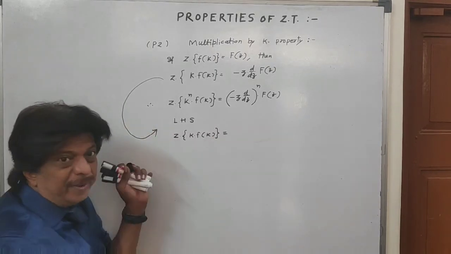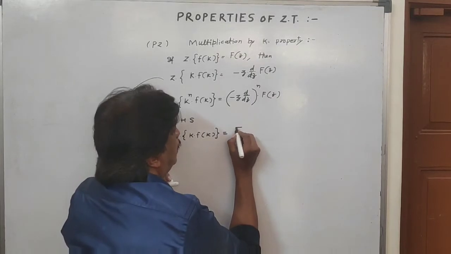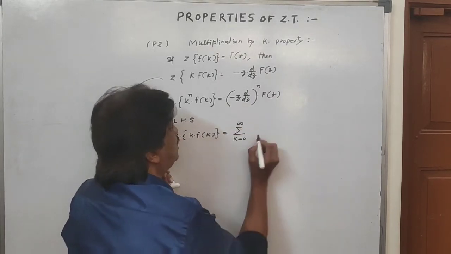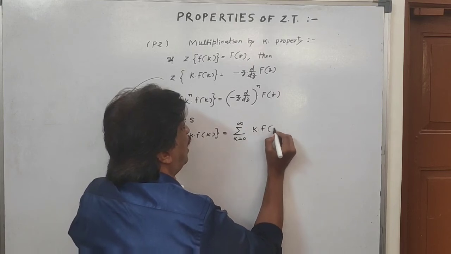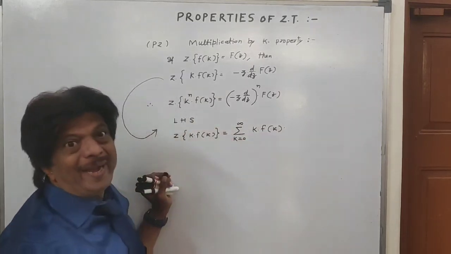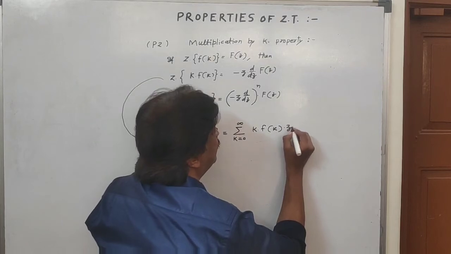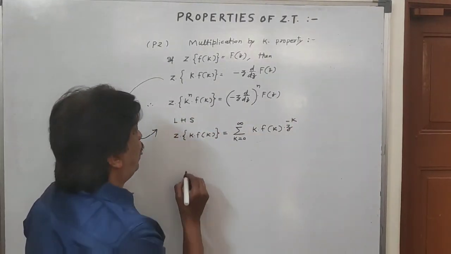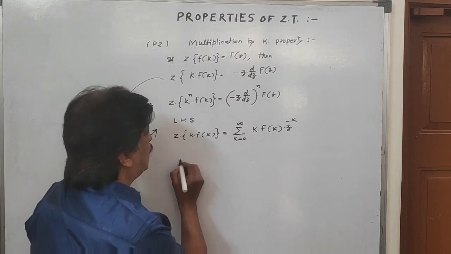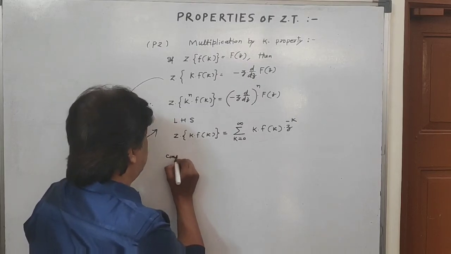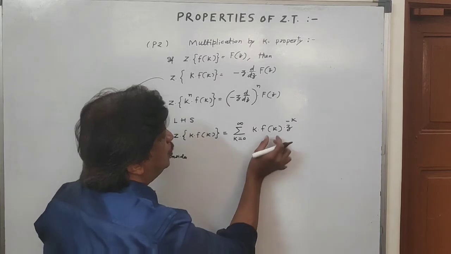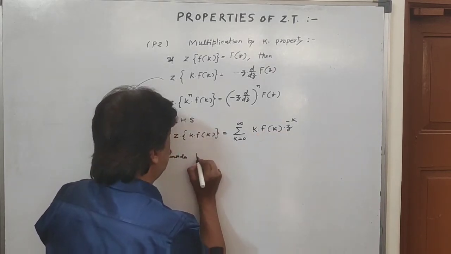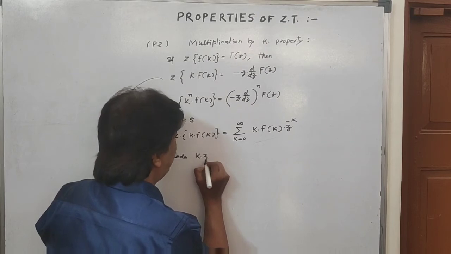What is its definition? Fundamental summation k equal to 0 to infinity the sequence k into f of k multiplied by z raised to power minus k. So, consider including or excluding f of k, the terms are k into z raised to power minus k.